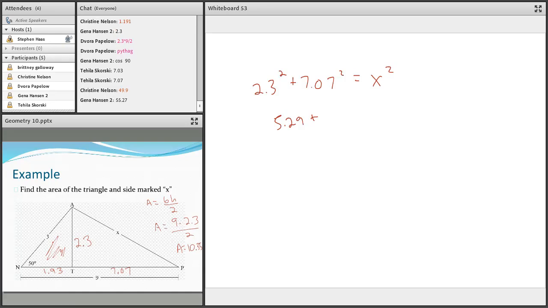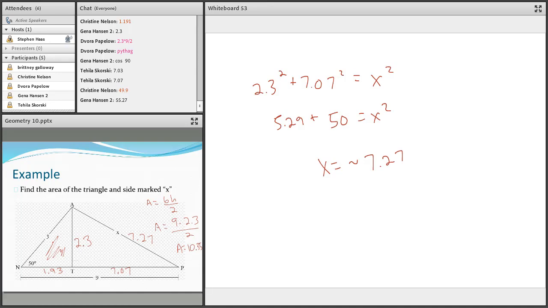So 50 equals x squared. Take the square root of that, and it's about 7.27. So x is about 7.27.